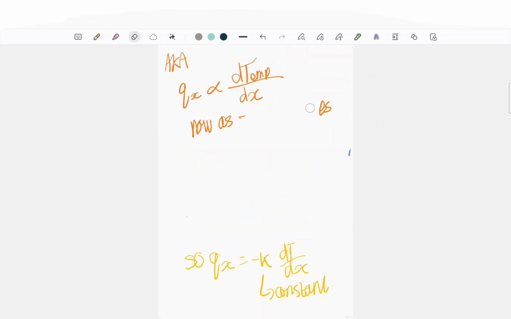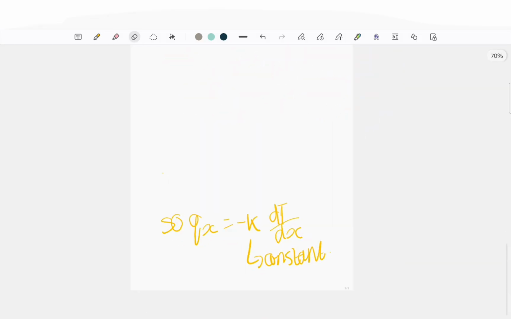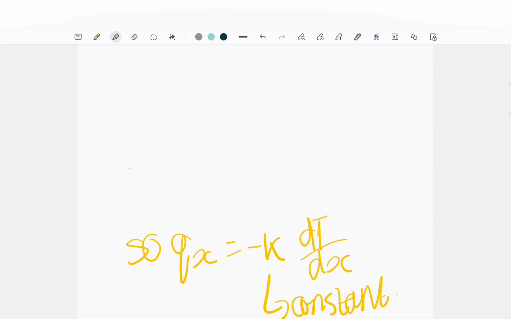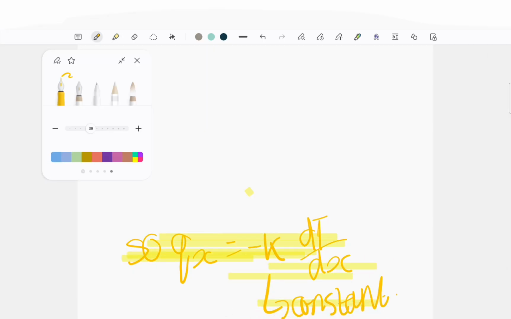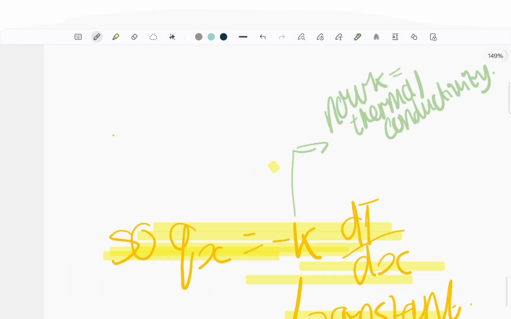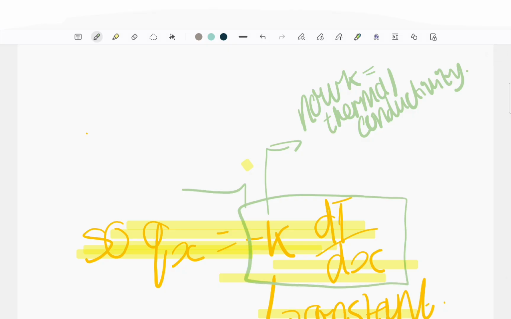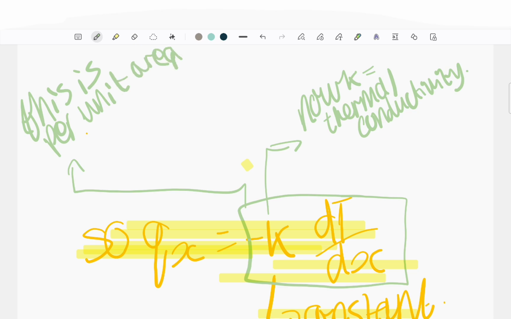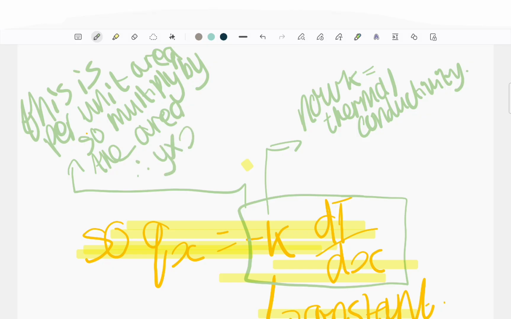Even though the cube's volume is negligible, as we are focusing on it now, it is not necessarily negligible. So I tried highlighting the equation here, and k is seen as the thermal conductivity. That's the name of the constant, and this equation is per unit area.